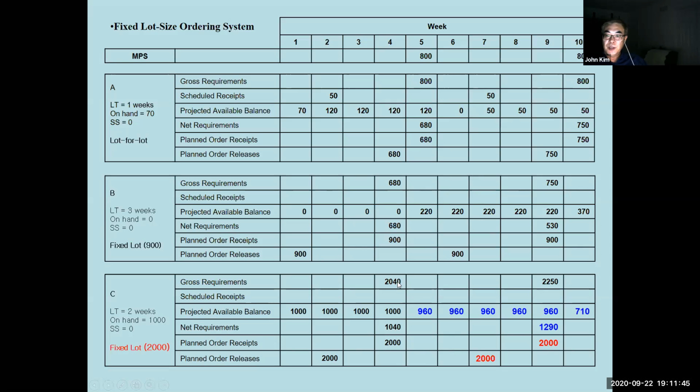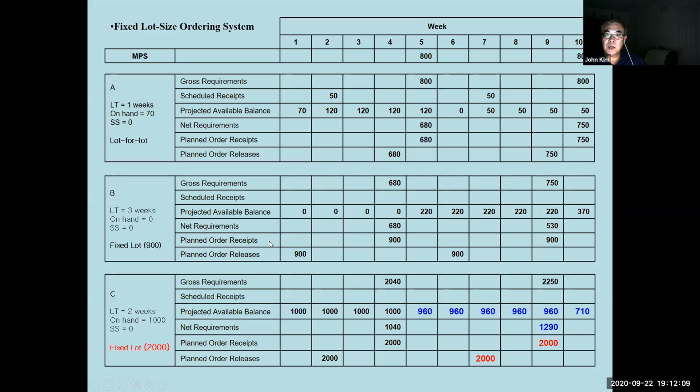Need 2040, net requirement is 1040, but receive 2000. So 2000 minus 1040, 960 carry over, available up to this point. Net requirement 1290, but receive 2000, so 710 carry over.